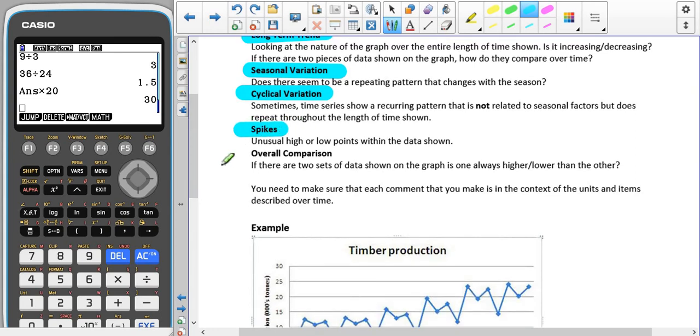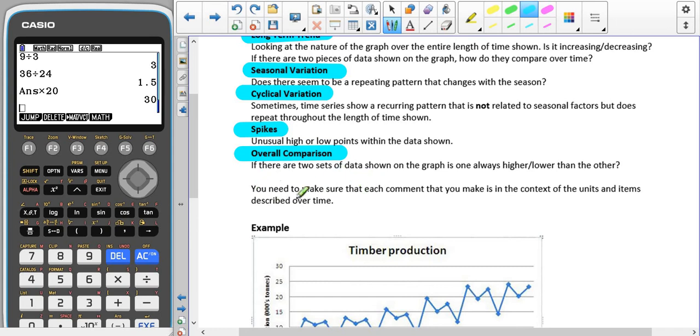Also, we have a look at any spikes in the data. So are there any unusual high points or low points, or what is the highest point, what is the lowest point? And also, if we do have two sets of data, we can have an overall comparison between them. Is one of them always higher than the other, or always lower than the other?